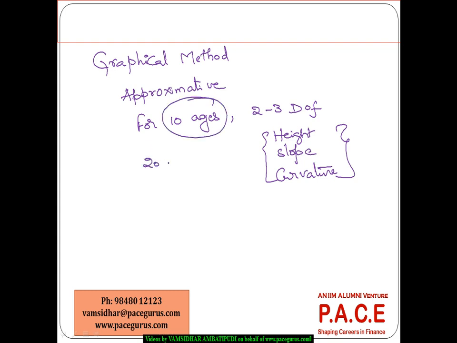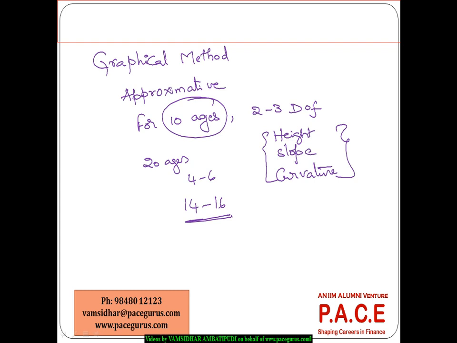So if I am trying to fit around 20 ages, around 4 to 6 degrees of freedom can be reduced, and I can say that around 14 to 16 degrees of freedom is what I will take for making my decision. So this is an important attempt at using the chi-square test for testing the graduation, whether the graduated rates are appropriate or fit to the actual observed rates or not.